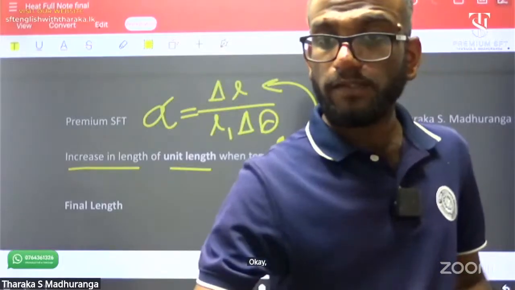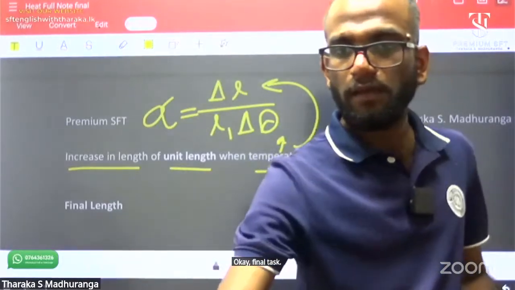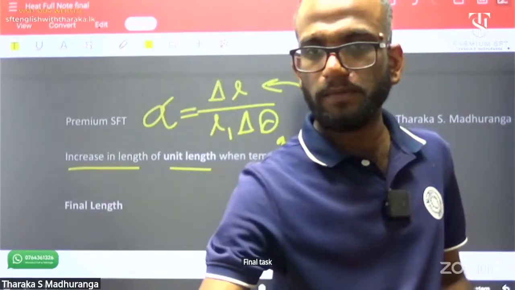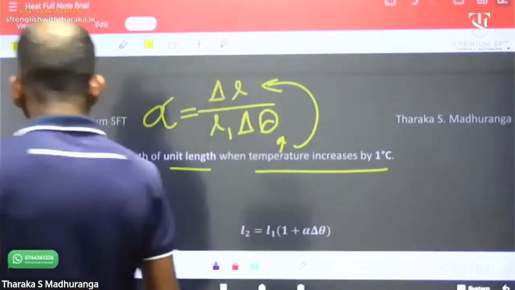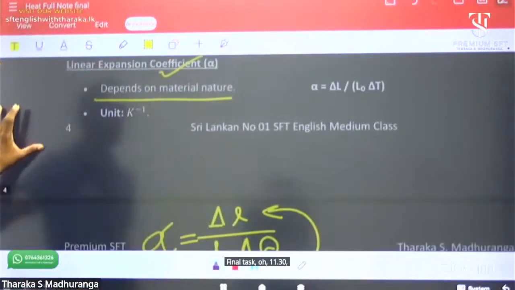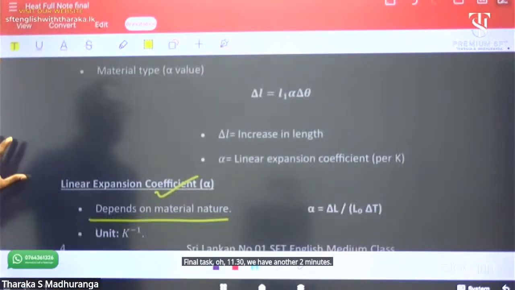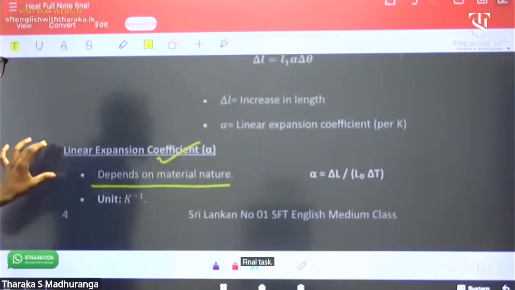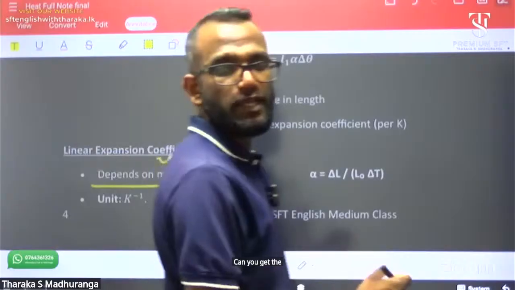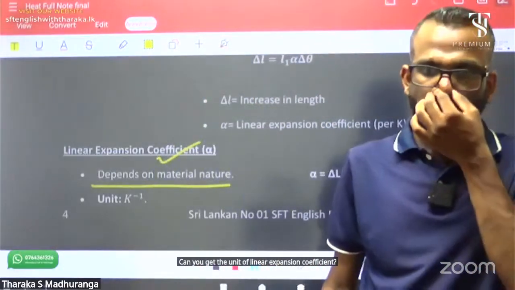Okay, final task. Oh, 11:30, no? We have another 2 minutes. Final task. Can you get the unit of the linear expansion coefficient?